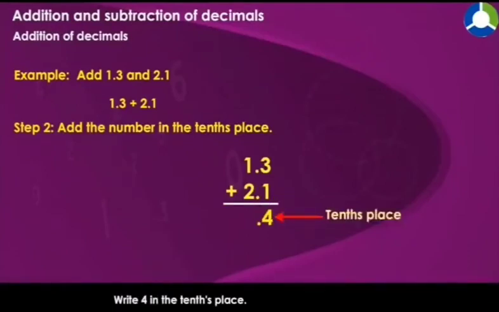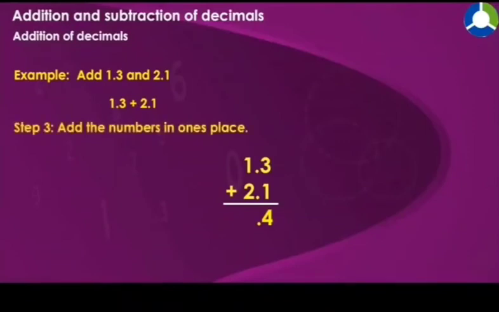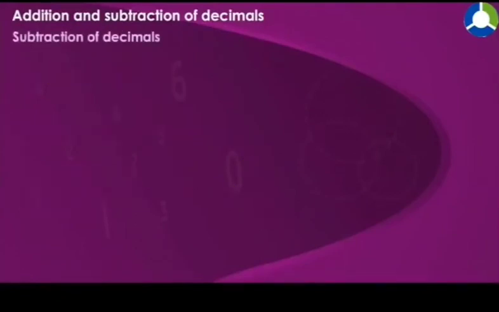Write 4 in the tenths place. Step 3, add the numbers in the ones place. 1 plus 2 equals 3. Write 3 in the ones place. Therefore children, 1.3 plus 2.1 equals 3.4.